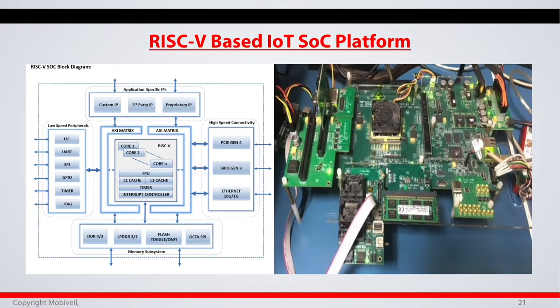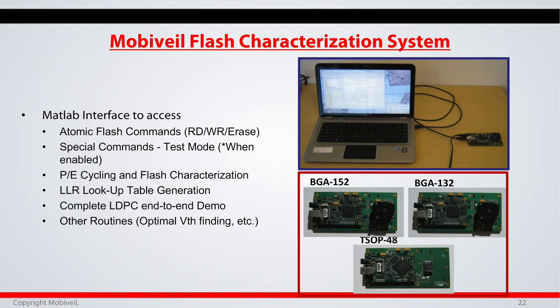We have PCI Express, Rapid I/O, Ethernet, some of the low-speed peripherals, and the memory subsystem. So this is an SoC platform which is available from us for our own use. We are having customer tape-outs using this, and it is also available for anyone else to license. And this is also ported to the IoT platform you see.